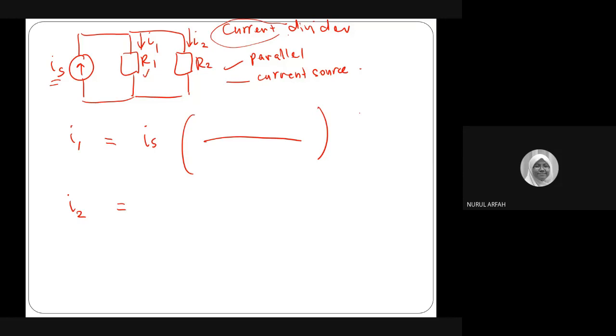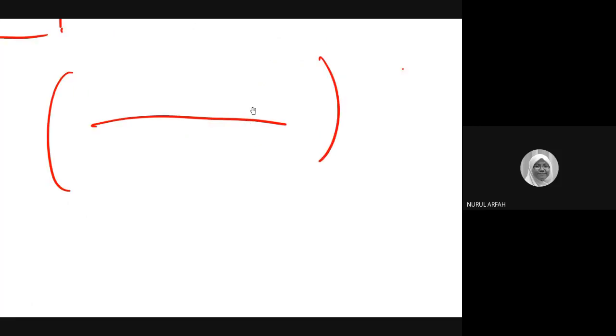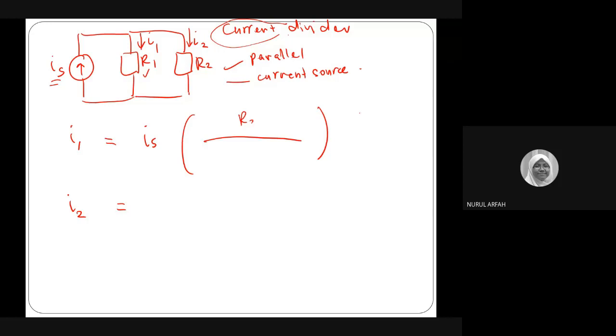But you need to take whatever is in parallel with this R1. So what is the parallel of R1? R2. Sorry, this is R2. Okay, good. And then you need to add everything in parallel. So R1 plus R2.